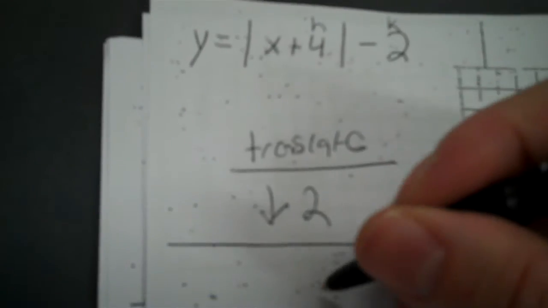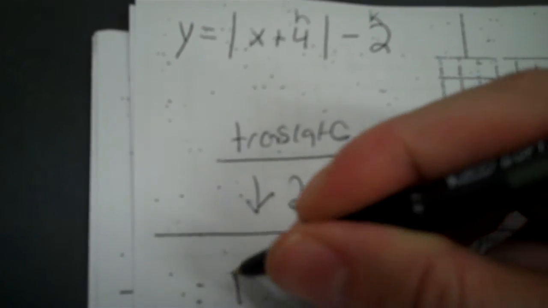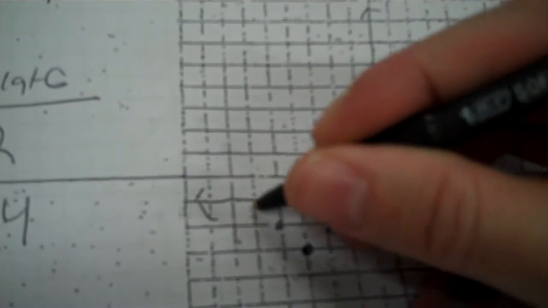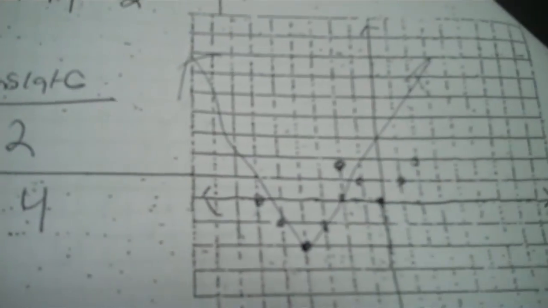And the H value means you translate it horizontally, but left, okay? Down 2, left 4. So take that vertex, go down 2, left 1, 2, 3, 4, and then you do your thing. Right 1 up 1, left 1 up 1, right 2 up 2, left 2 up 2. Bam.